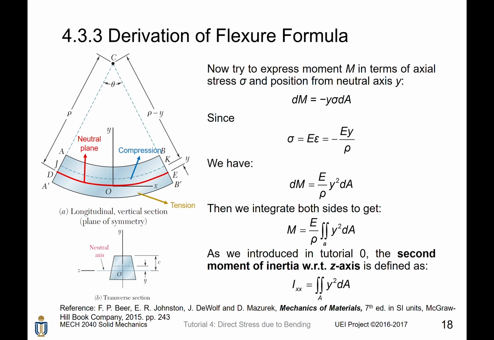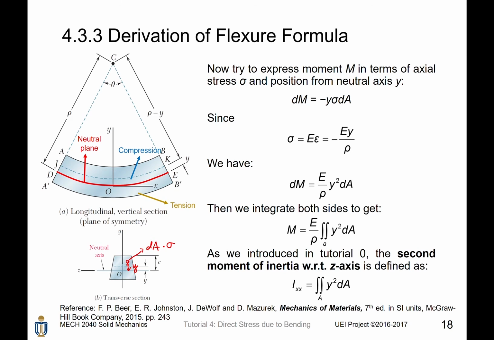Now let's relate our derivation to the moment. Try to express the moment M in terms of axial stress sigma and position from the neutral axis y. Consider a differential area dA, which has an axial stress sigma. It is located at position y from the neutral plane. The differential moment generated by this differential area is given by dM equals negative y times sigma times dA.